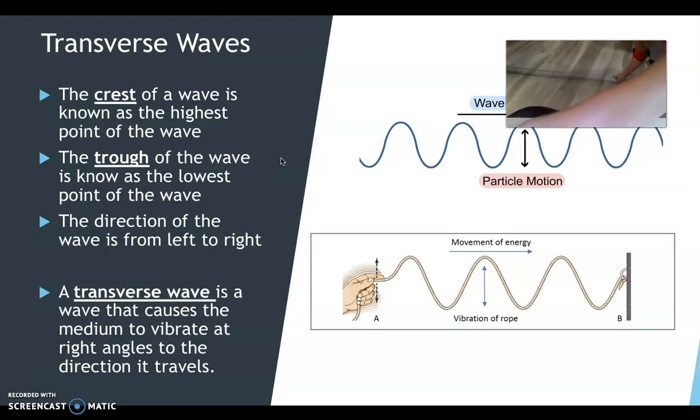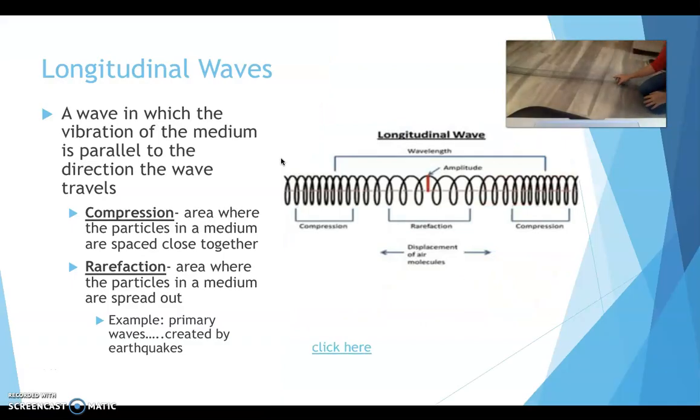Then we have our longitudinal waves, and that example was that the waves are going to be moving parallel to their particles. Sorry, Walter's getting in the way. Look at that. So you can see that the particles are moving in the same direction that the wave is.